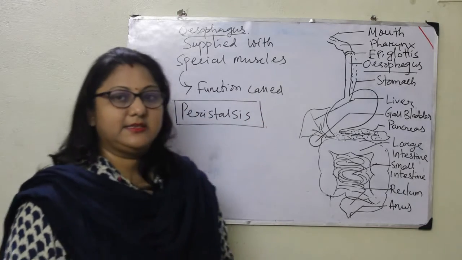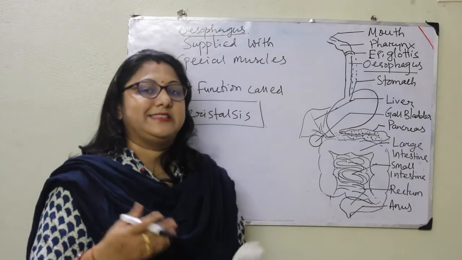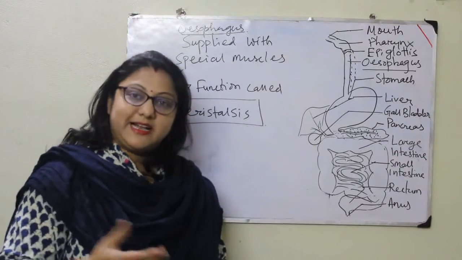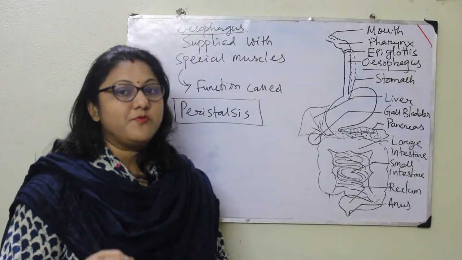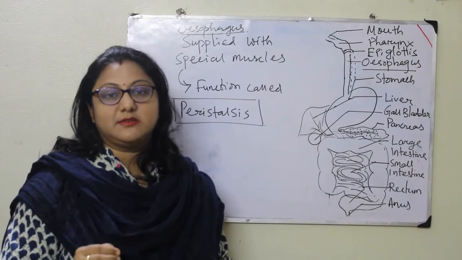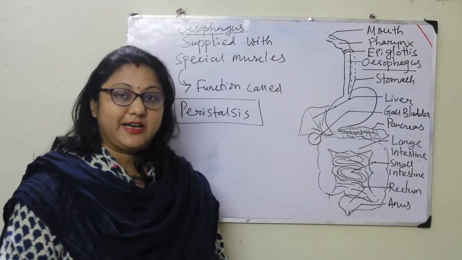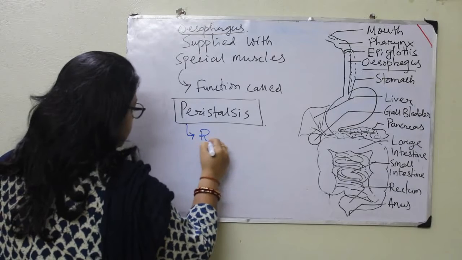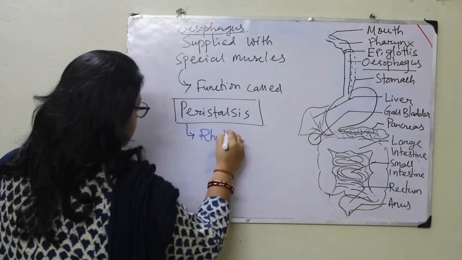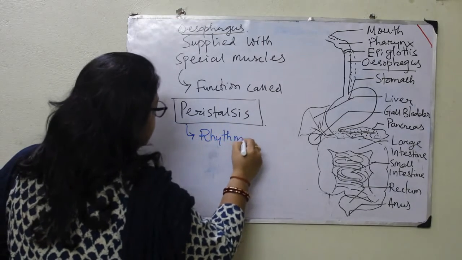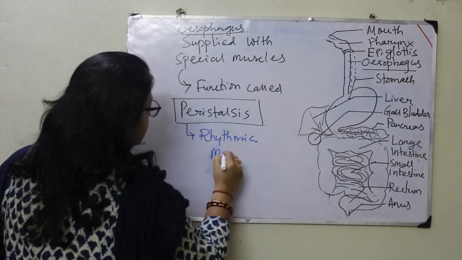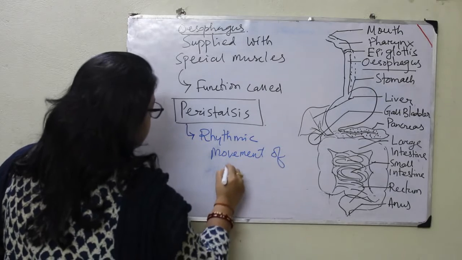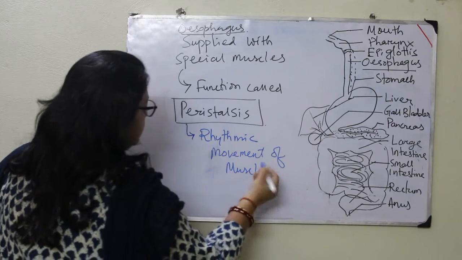What is peristalsis? Define peristalsis. What is peristaltic movement? Now what is this peristalsis? The peristalsis is the rhythmic movement of the special muscles present in the esophagus, right? So the peristalsis is the rhythmic movement of muscles. Okay?